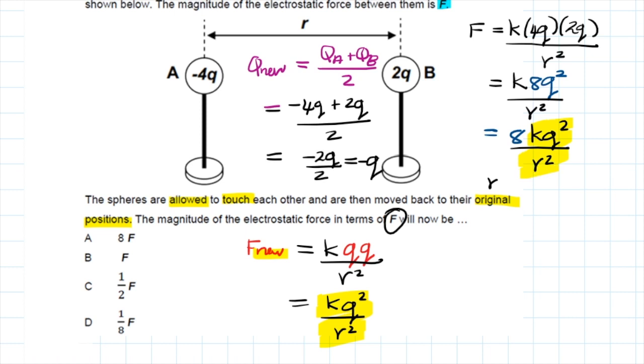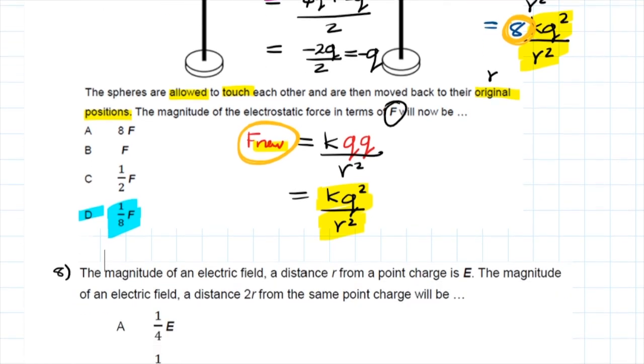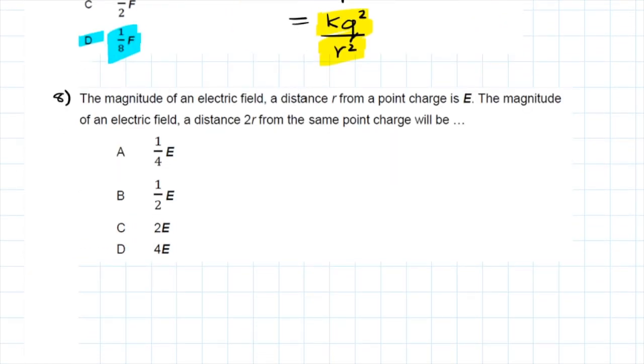In other words, the original force F that existed between them is 8 times bigger than the new force. Therefore, the correct answer here is D, 1/8F. The electrostatic force becomes 8 times smaller. So it's 1/8 of the original force.